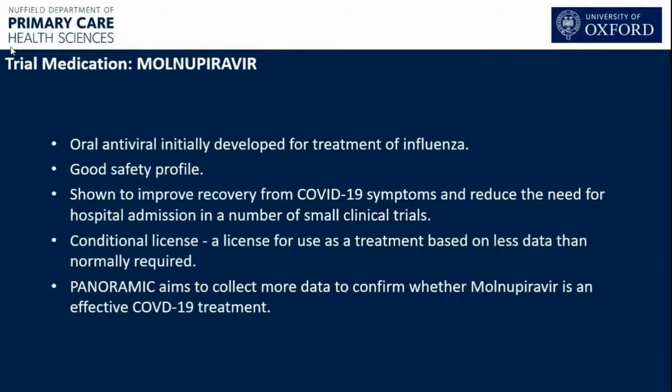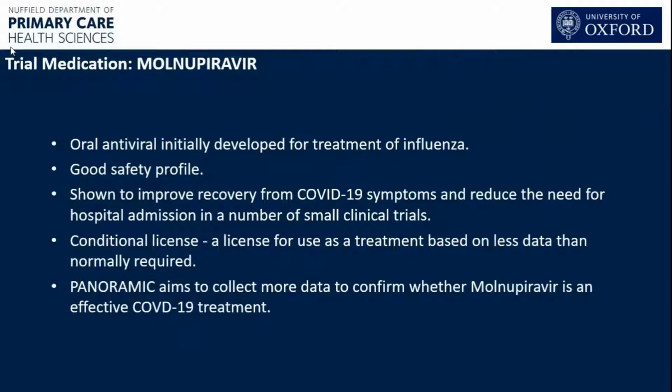So a bit about the trial medication molnupiravir. It's an oral antiviral treatment that was initially developed for treatment of influenza. It's been shown to have a good safety profile and improve recovery from COVID-19 symptoms and reduce the need for hospitalisation. It has a conditional licence, and this means that it has been licensed for use as a treatment based on less data than normally required.